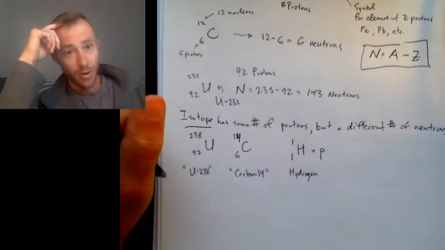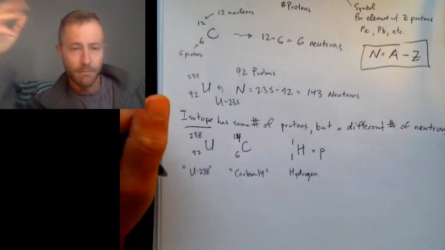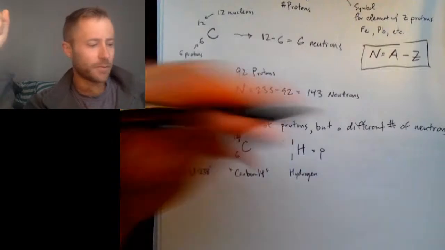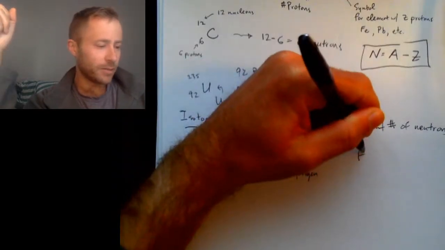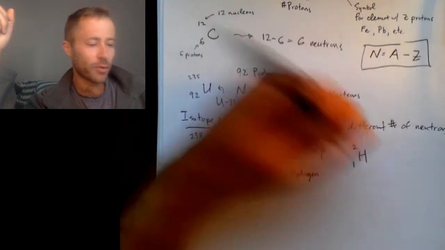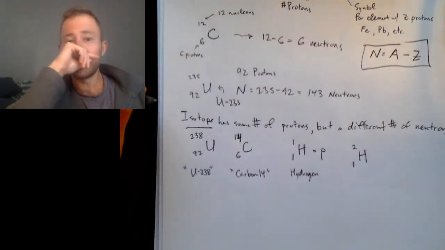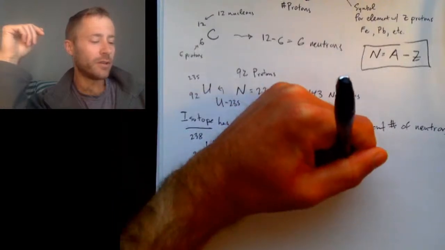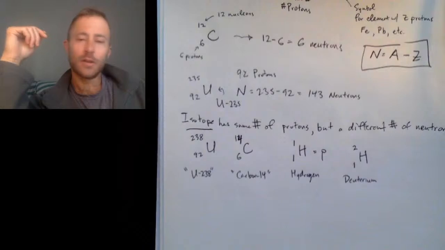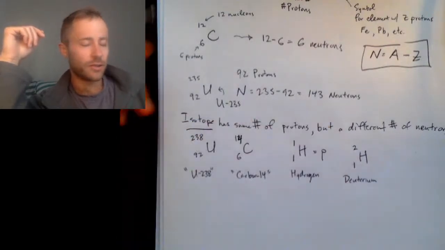Okay, but there are other forms of hydrogen that are found in nature. There is hydrogen with a proton and a neutron, so 1 of each, which is called deuterium. Okay, so that's an isotope of hydrogen.